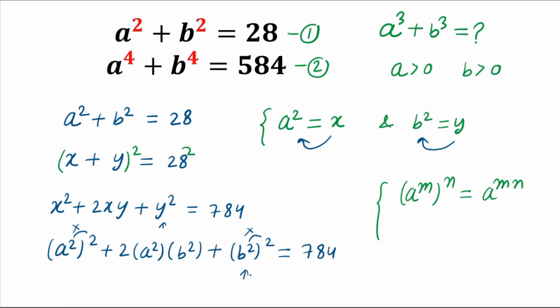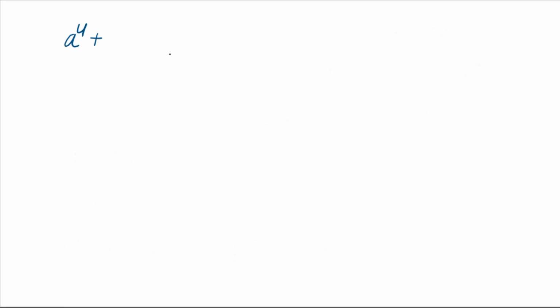Then a power 4 plus b power 4 plus 2 times a square times b square equals 784.